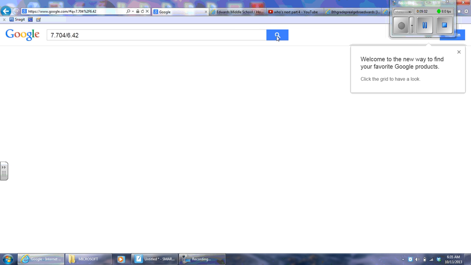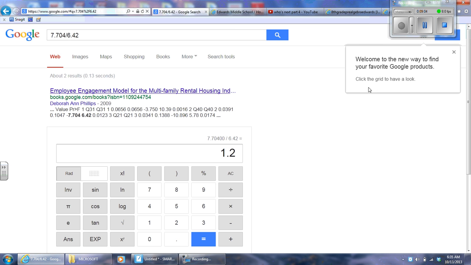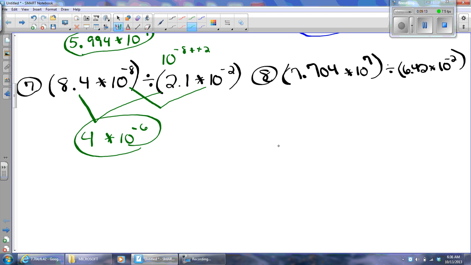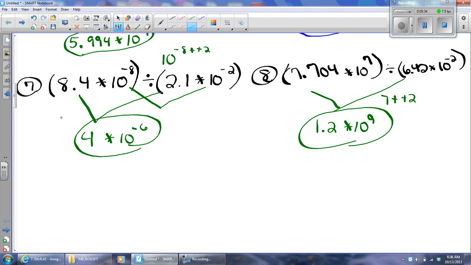And my Google calculator tells me that's 1 and 2/10. And so when I jump back over here, I'm going to get 1 and 2/10 times 10 to the, well, I've got 7 minus negative 2, minus a negative is plus a positive. That'll be to the 9th power. And there you go.